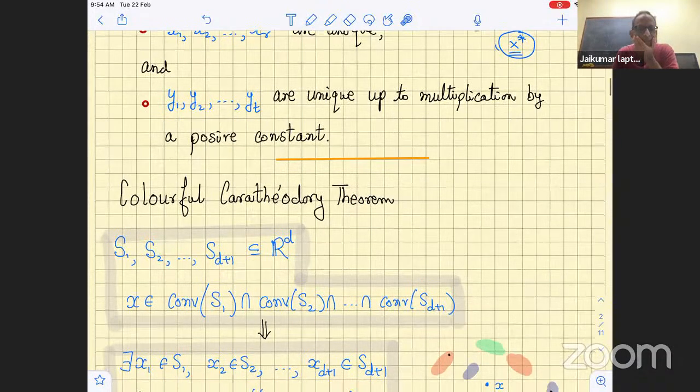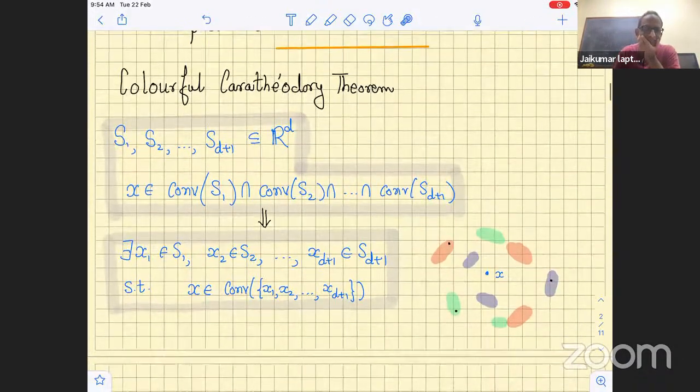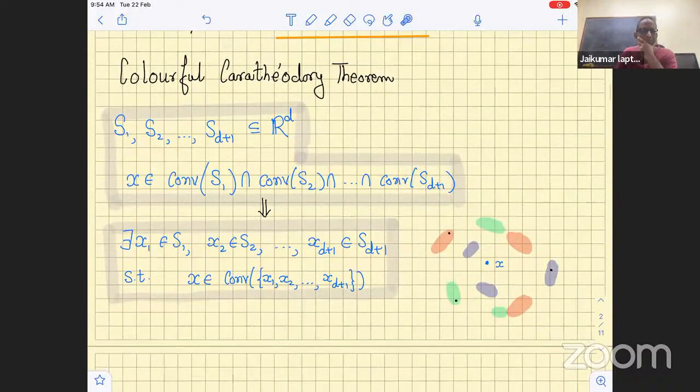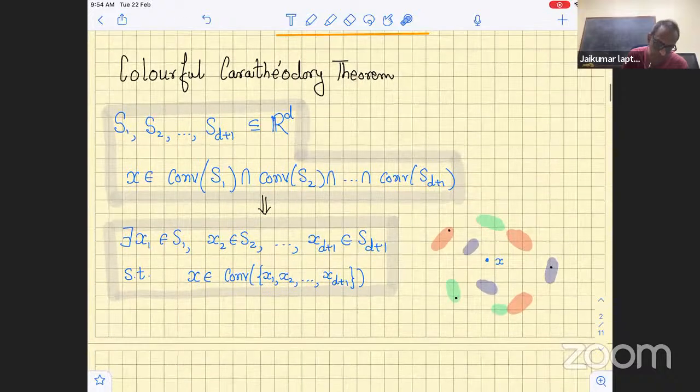Any questions? I want to return to this thing that we left last time. The Colourful Caratheodory theorem, I hope you remember it. So you have d+1 sets.